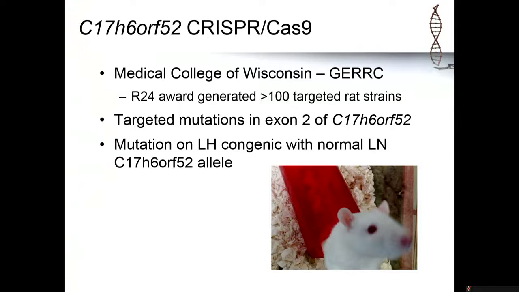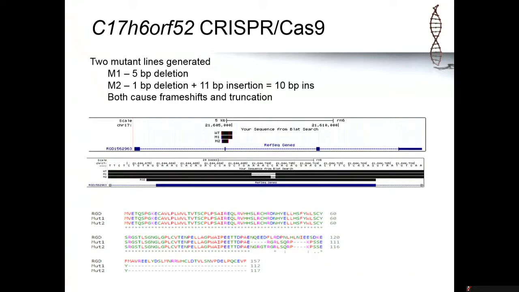Regardless, we decided that we were going to knock out the normal allele in this congenic strain, and there was also a reason that they bred a lot better than our parental LH rats. So we sent this congenic and had this gene knocked out, and they gave us back 2 different mutant lines.